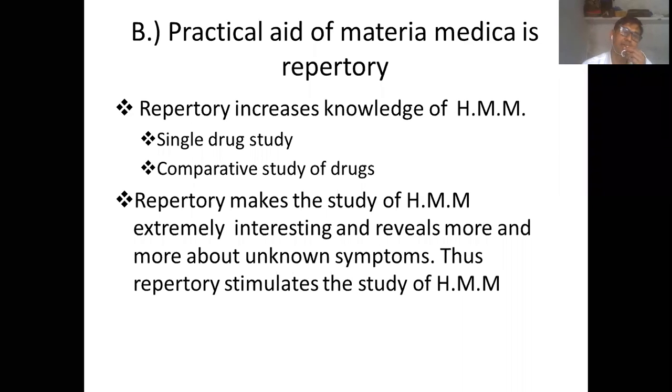this desire for sweet. But if you continue with your study, there is one more rubric in our stomach chapter: desire for dainties, or desire for delicacies. Now I am comparing two rubrics.